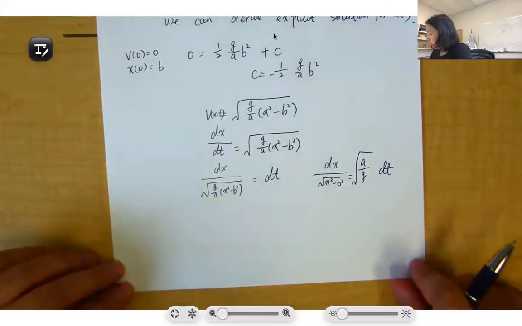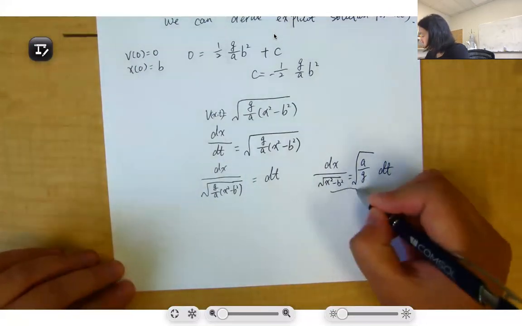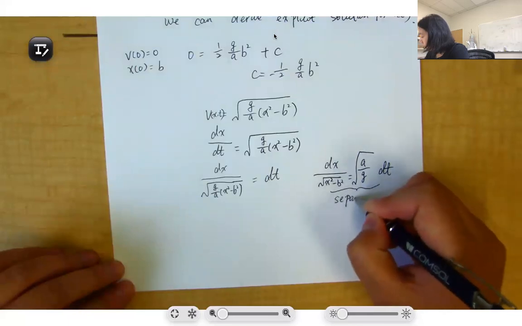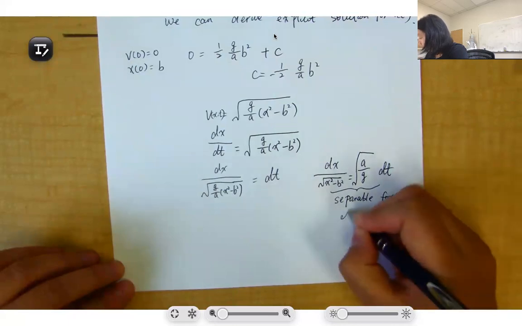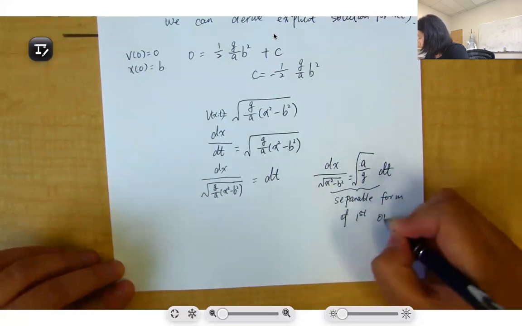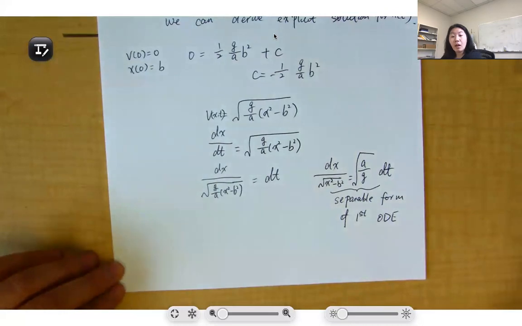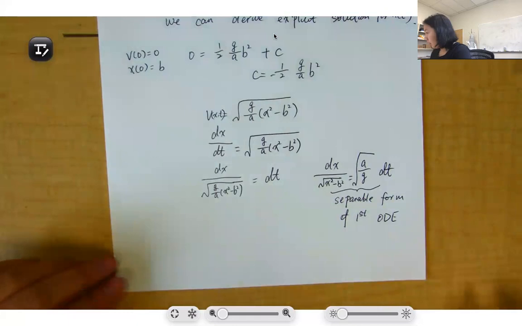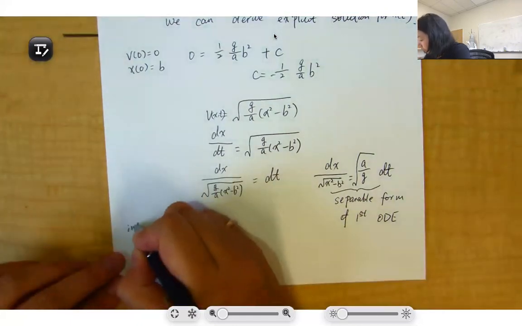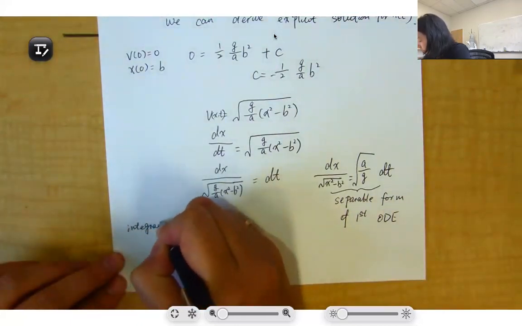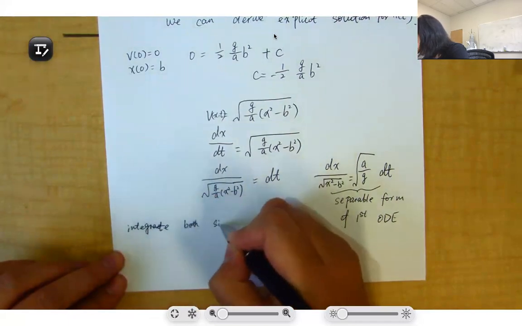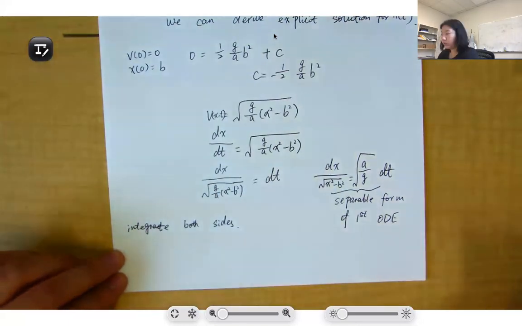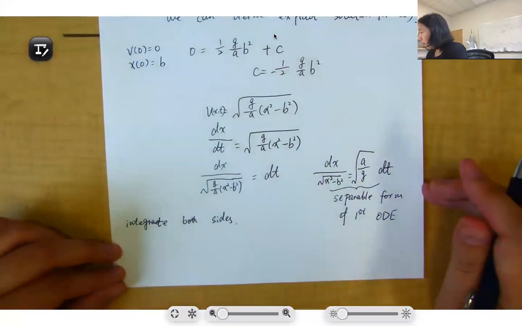And this is another separable form of first order ODE, right? And how do we solve it? We can integrate both sides to get the final solutions.